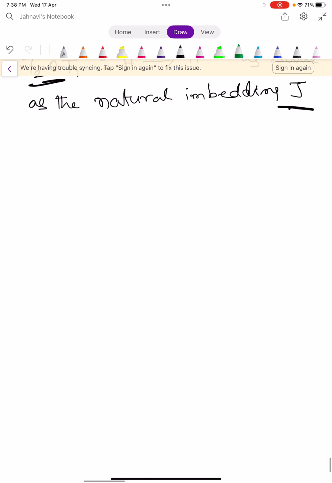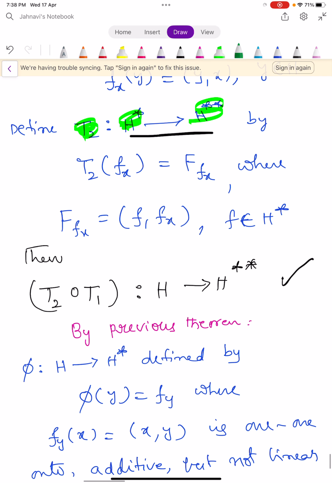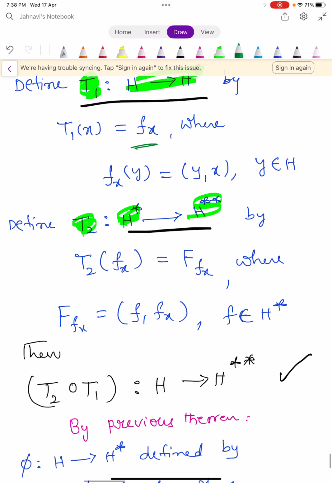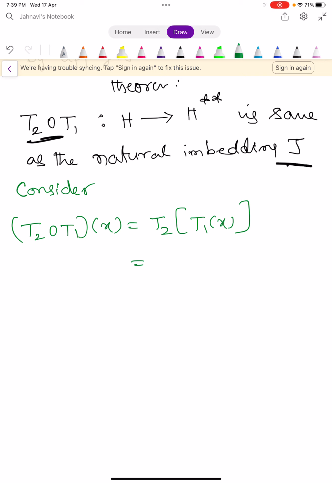To prove that, consider T2 circle T1 of x is equal to T2 of T1 of x. By our definition, T1 of x is equal to Fx and Fx of y is equal to the inner product of y comma x. So T2 of T1 of x is nothing but T2 of Fx. By the definition of T2, it can be written as capital F Fx.